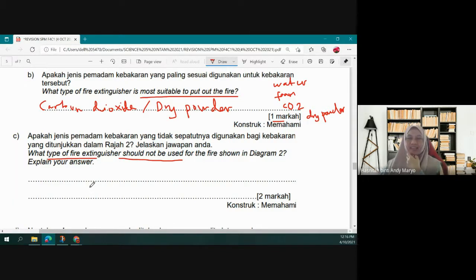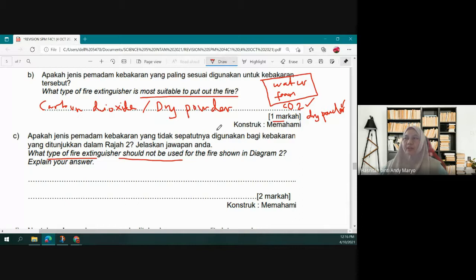Okay, any idea? Which one should not be used? Mana yang tak patut kita gunakan? Okay. And share your opinion here. So here we can use carbon dioxide and dry powder. So we have another 2 left. Okay, water and foam.